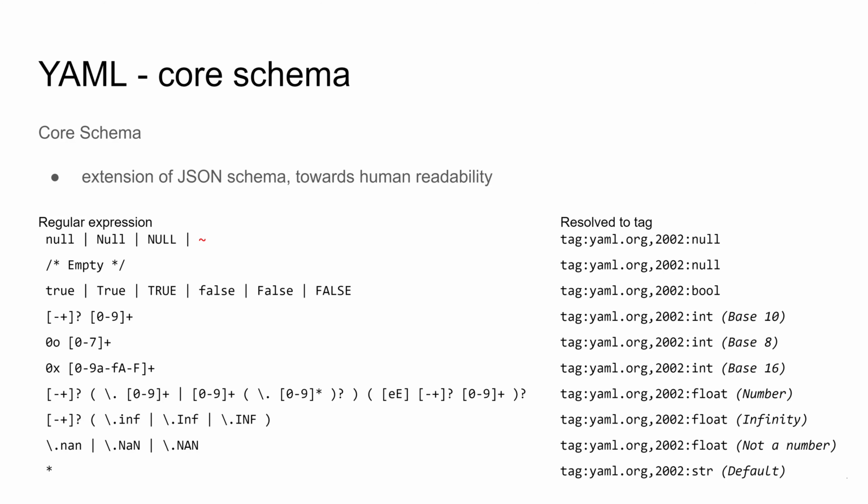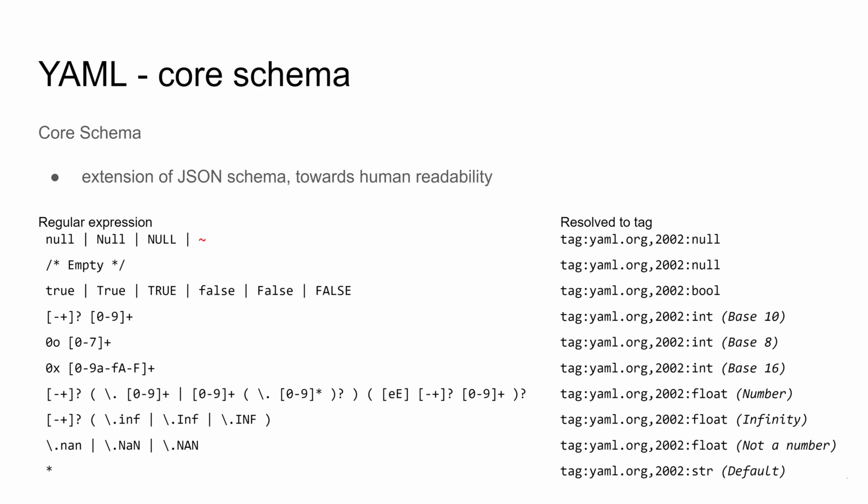And there is another extension of a JSON schema called core schema. So this is YAML core schema. And you can see that actually there are no new tags, but there are new tag resolution rules, so the regular expressions. And those basically mean that also true with capital T is tagged as a Boolean.